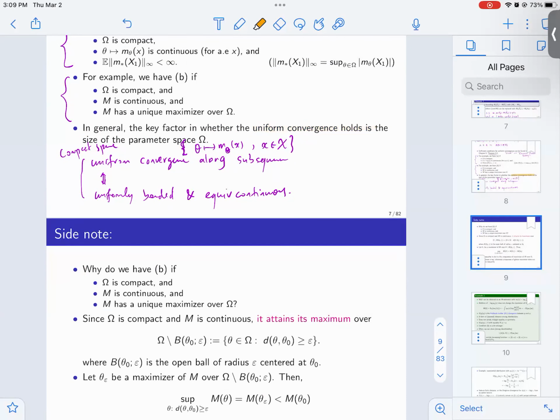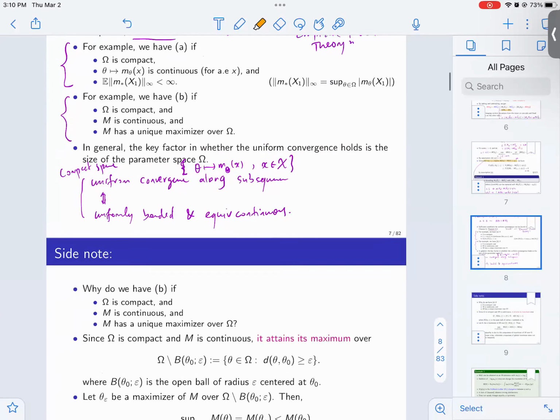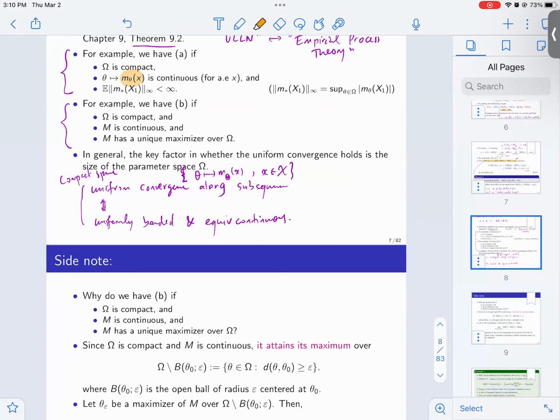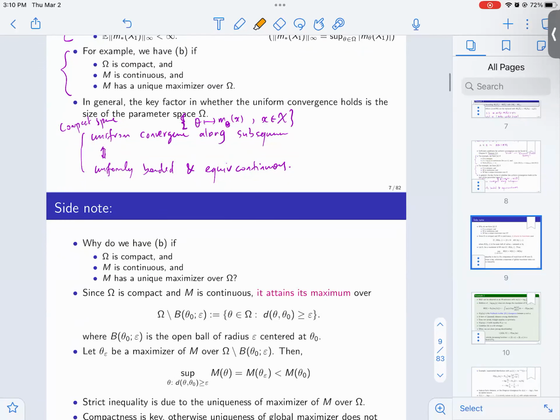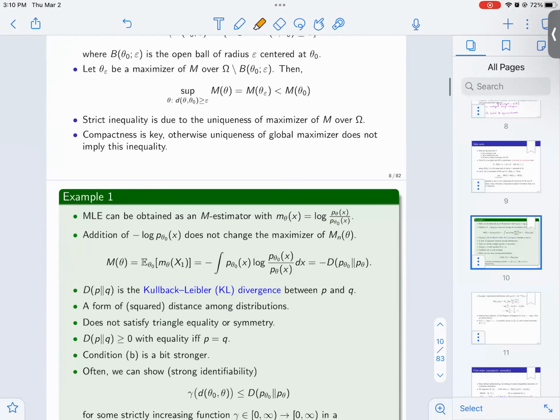But uniform convergence generally requires the parameter space to be small in a sense, or the class of functions you're trying to work with to be small. So the size of that parameter space is usually what matters. Compact spaces are essentially like finite sets. If the space is too big, then you're in trouble.